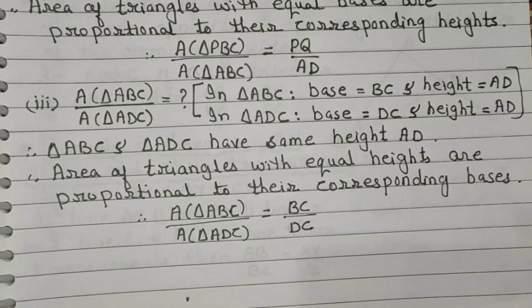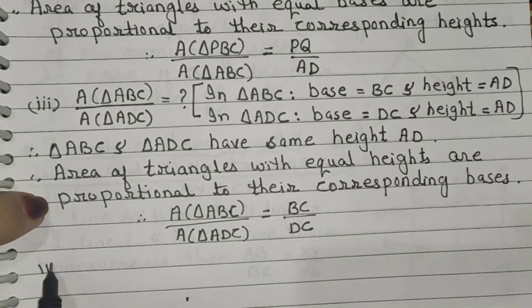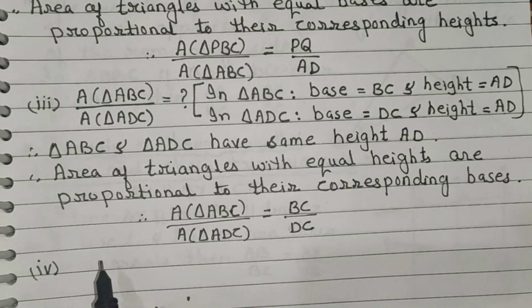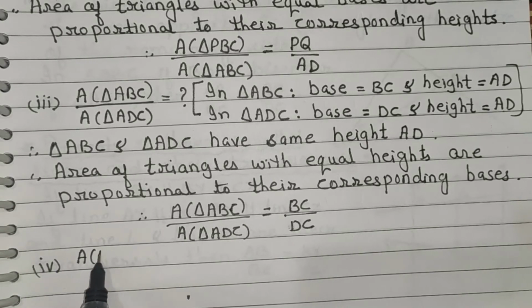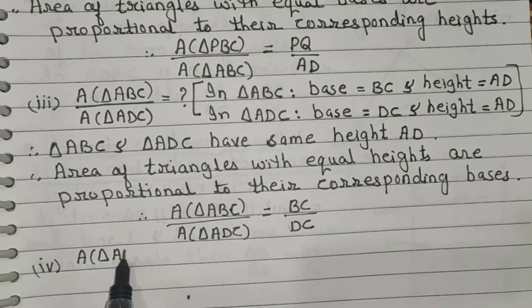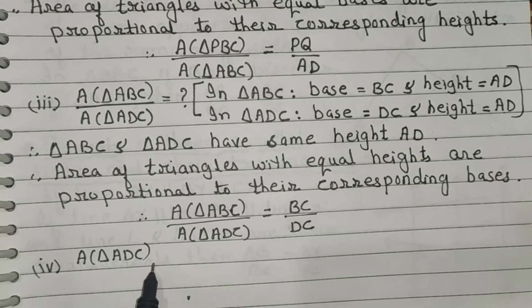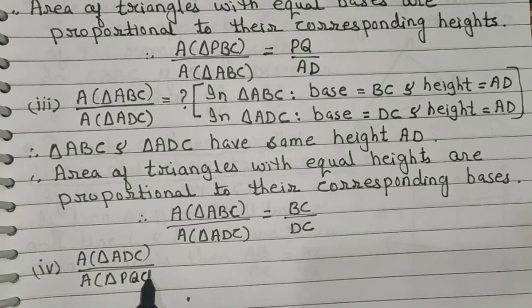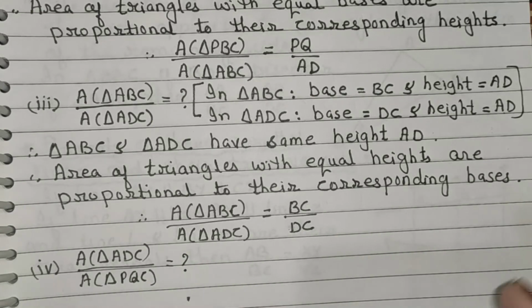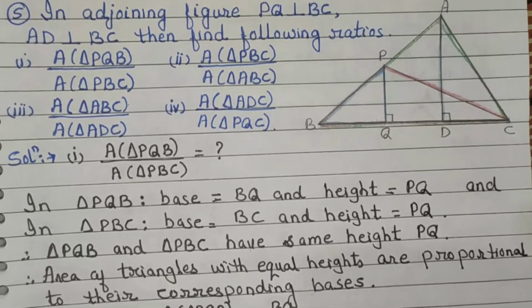Now next, fourth question. Find out area of triangle ADC upon area of triangle PQC. Now look at your figure.